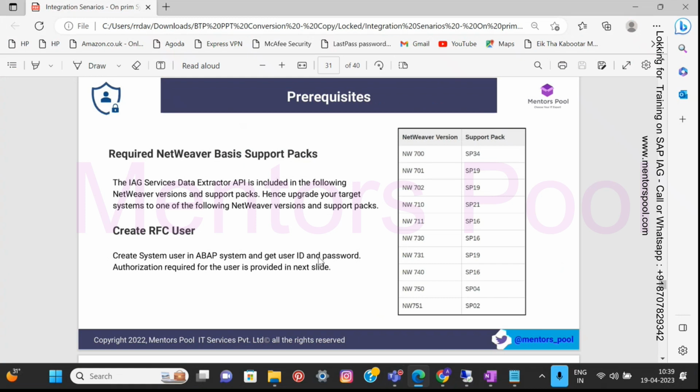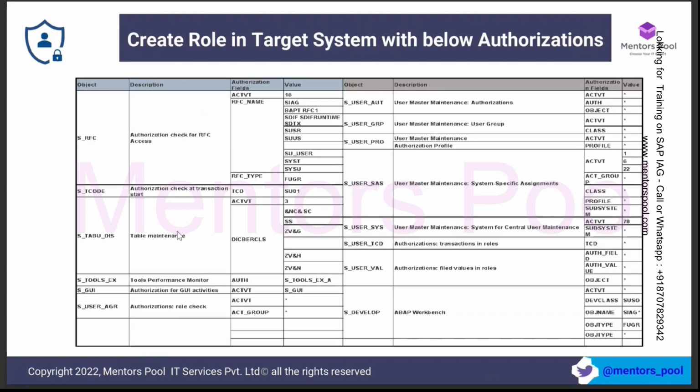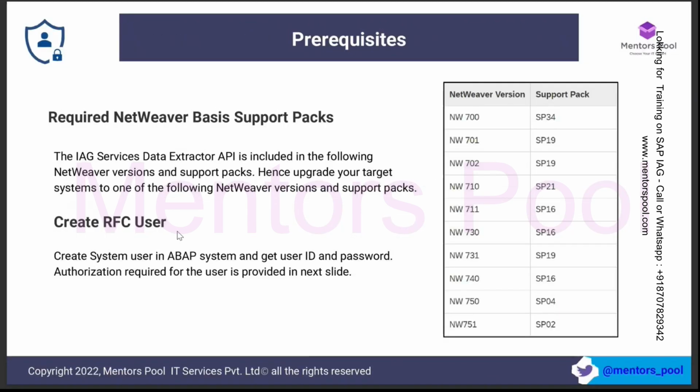One more thing: if you want to integrate any system with your BTP, you should definitely have at least these criteria fulfilled. Only then can you integrate. So we have to create an RFC user, a system type of user, which will be used to log in to your ABAP backend system for your GRC system, and will be used to fetch data from there.